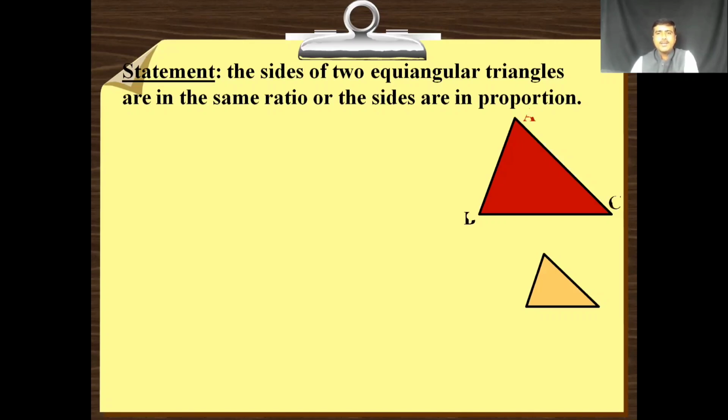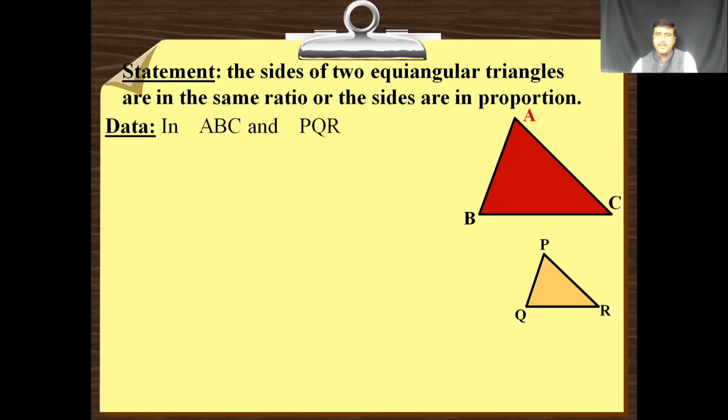So start giving the names. The three vertices of the mother triangle are named ABC, and the three vertices of the baby triangle, let me name PQR. Then after giving the names, let us explain these two diagrams in our own sentence by considering the side heading as data or given.